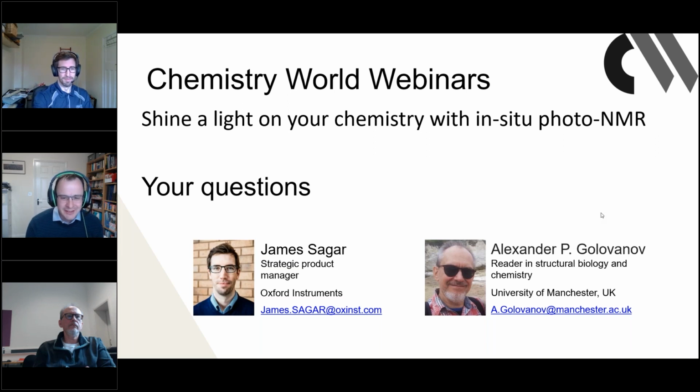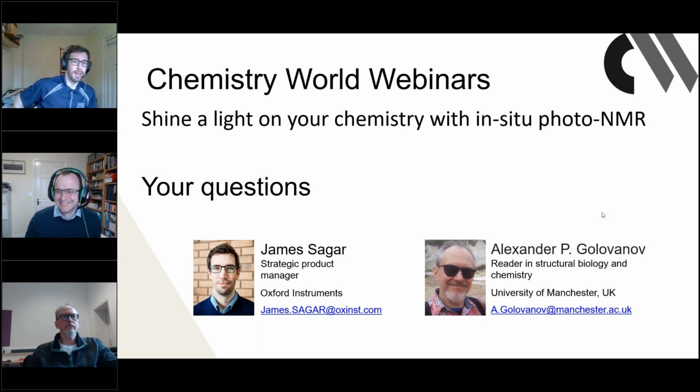Okay, so I guess the next one is again for James. You mentioned very briefly at the start that the Oxford Instruments setup can be used for flow NMR. I've got a question from Emily: how would you change the setup to make it work for flow? So we have some ideas as to exactly how we would do that.